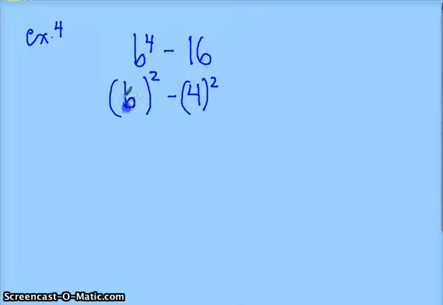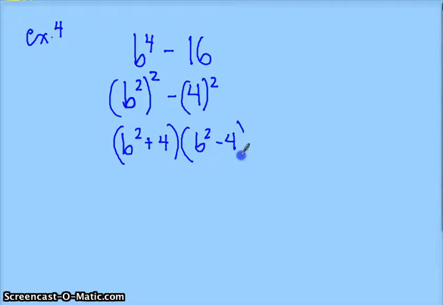And hopefully you know that b squared squared gives me b to the 4th. So far this looks fantastic. That's b squared plus 4, b squared minus 4. And you might be tempted to leave it like this. But remember, this can be broken down into b plus 2 times b minus 2.